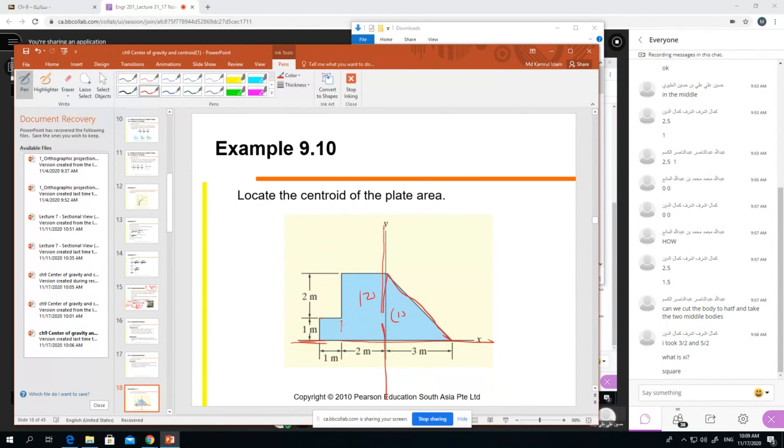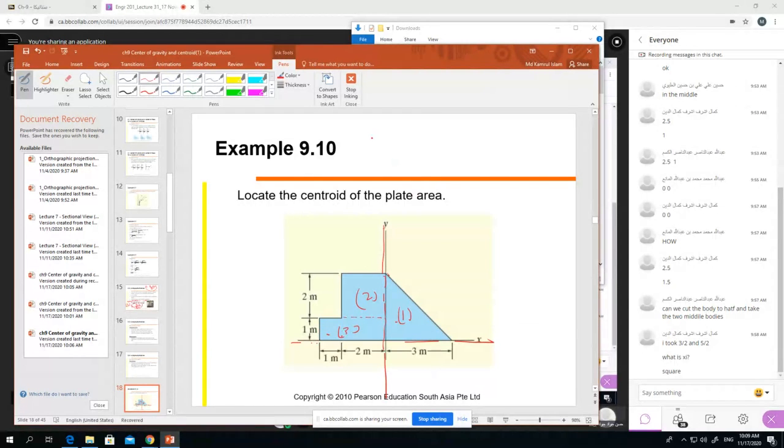This rectangle is 2, and this is 3, right? Whatever you want, you can choose, but at the end your answer will be the same. But the trick is, you always try to make it easy. Section 1, and if you make this section 2 and this 3.